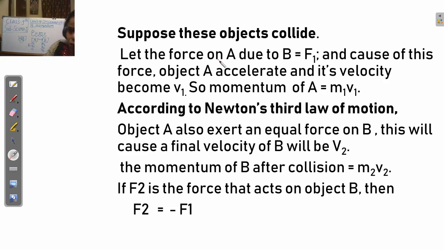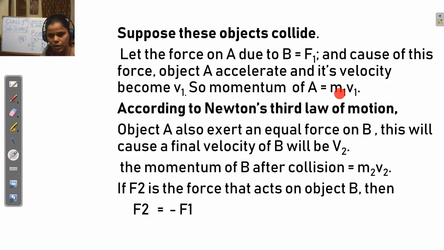And because of this force, the object accelerates, because two objects collide. Because of the force exerted on each other, consider that object A accelerates and its final velocity becomes v1. So the momentum of A, that means the final momentum, has changed. Momentum is mv.